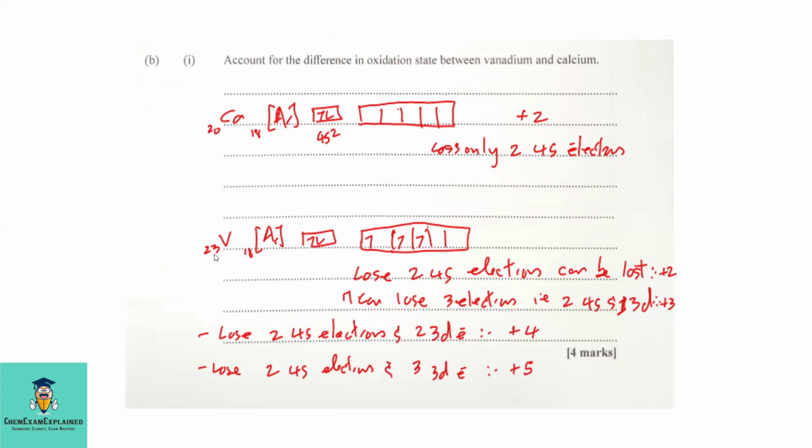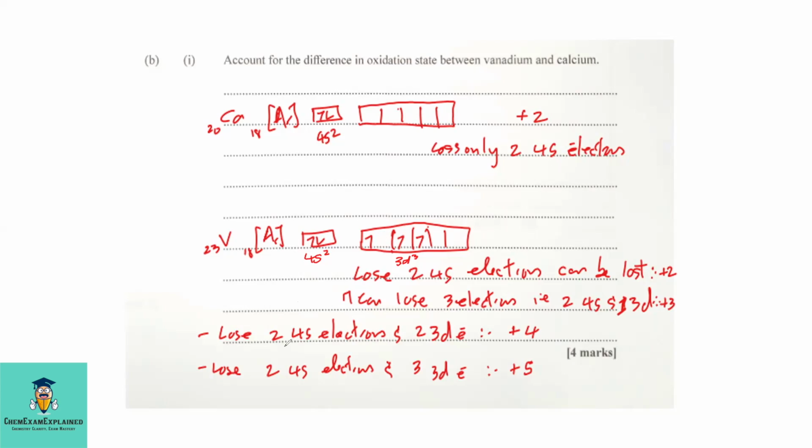But for vanadium, which carries 23, we have 18 plus 2 for the 4s orbitals, so this is 4s2. That's 20 plus 3, so we have 3 in the d orbital. So you'll notice now that we can lose 2 electrons from the 4s orbital, or we can lose 2 from the 4s and 1 from the d orbital to give us a +3 charge.